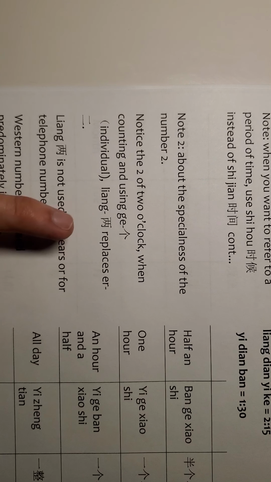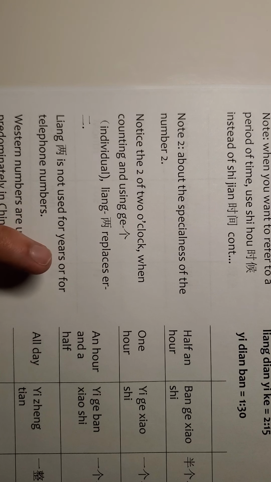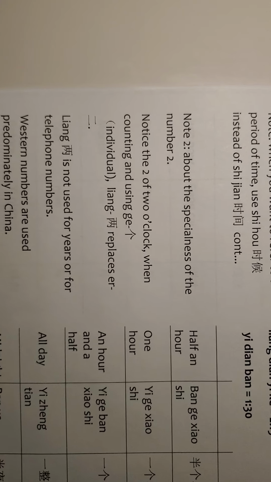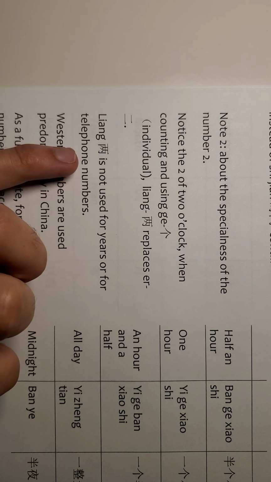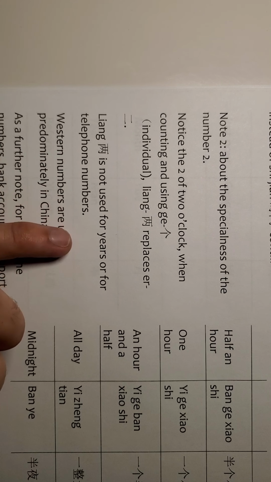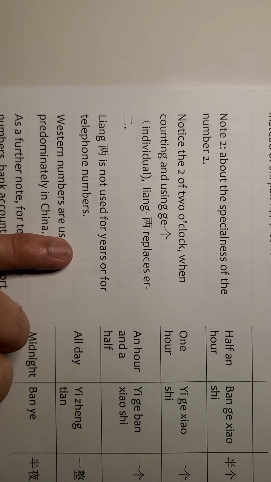Again, we've talked about it before, the liang replaces the er. Er is 2. 1, 2, 3, 4, 5, 6, 8, 9, 10. Er is ER. Er is 2. But we say liang a lot of times. Saying liang is not used for years.